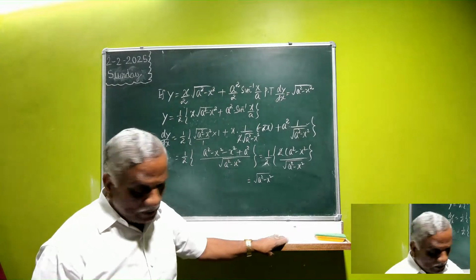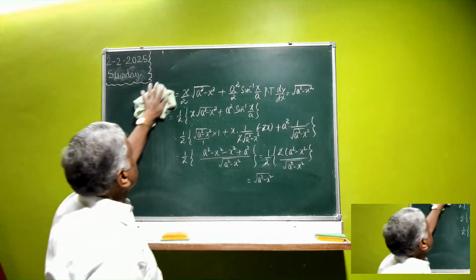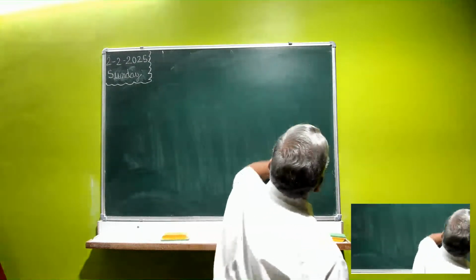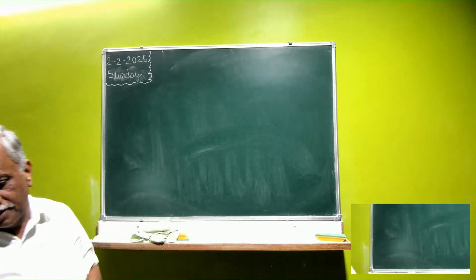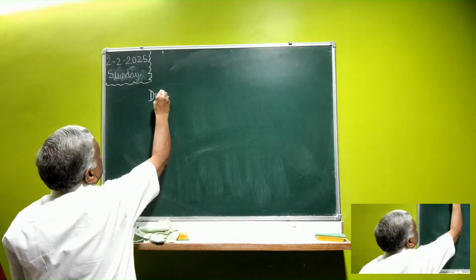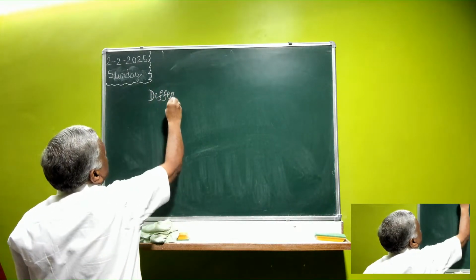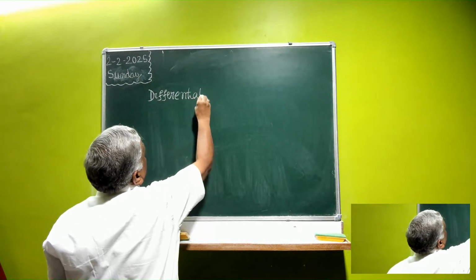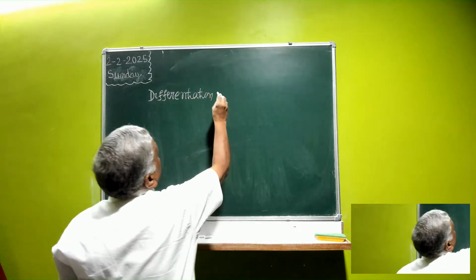So the chain rule is over. What is the next concept we need to have an idea? That is differentiation of implicit functions.